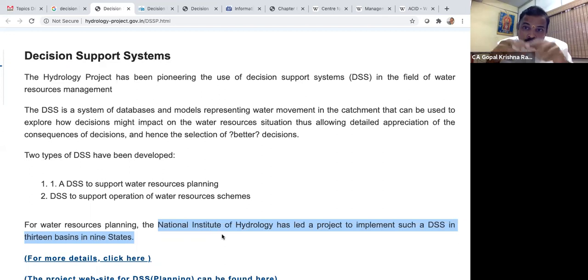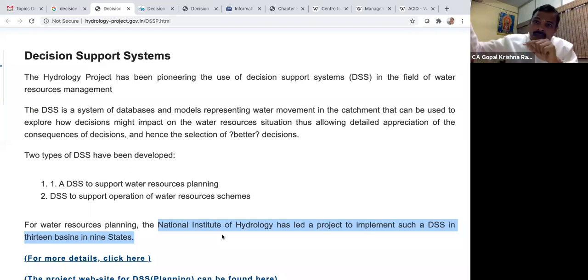Now, how much water is there? I repeat, how much water is there? And the water will be utilized only for one particular segment of land and agriculture. How you have to distribute this water so that it reaches the other places also, and then the agriculture is facilitated. So that is a decision support system.